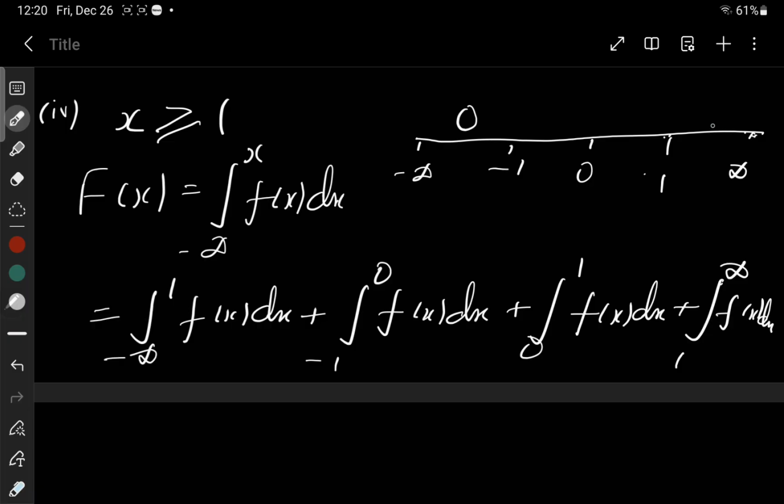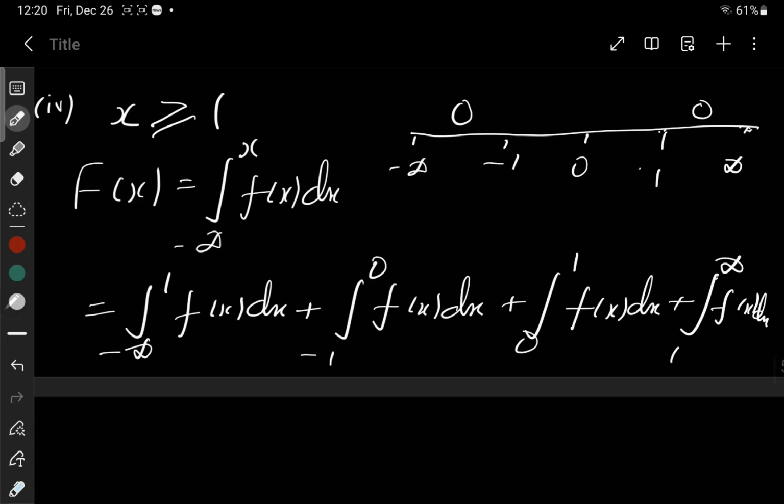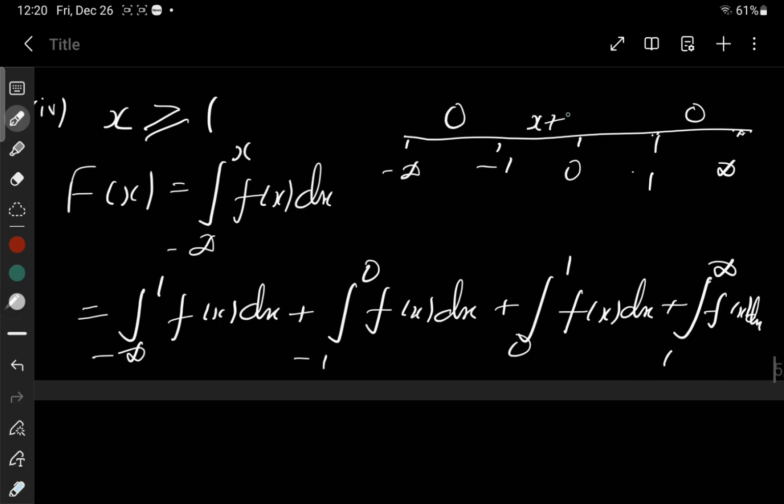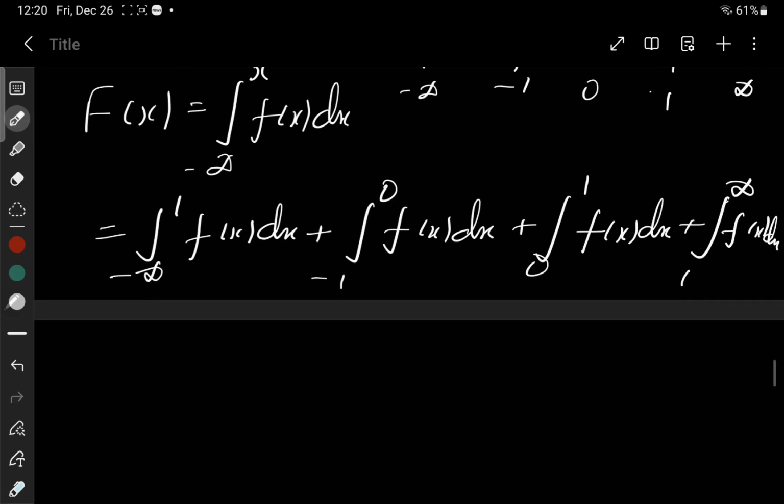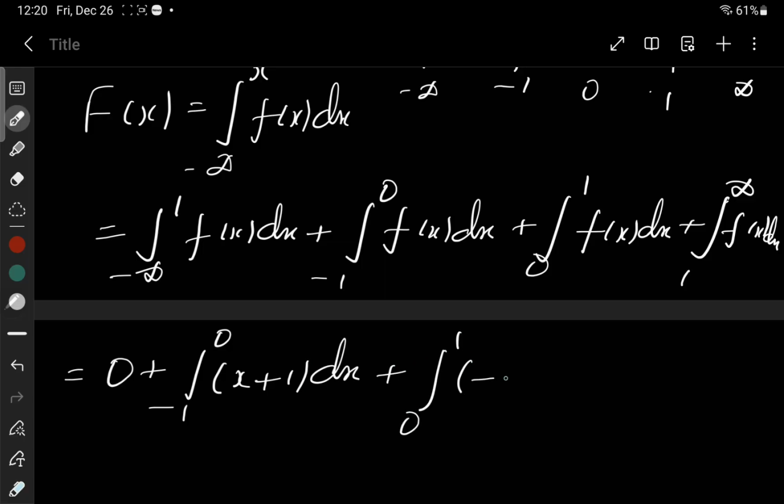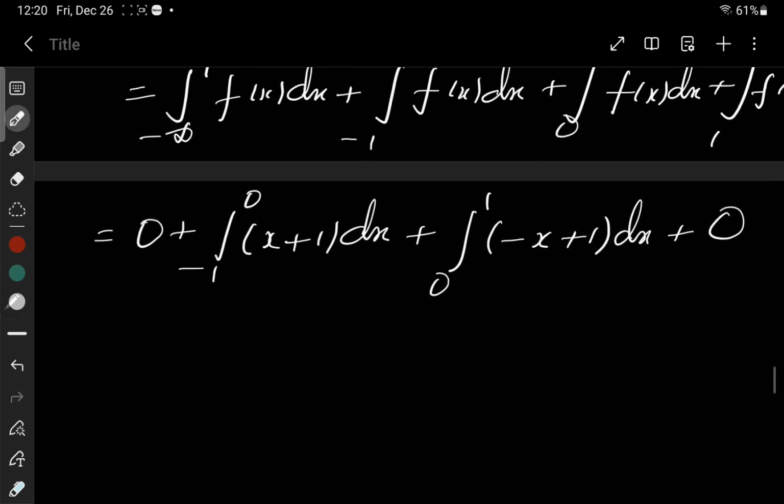Up to this you will get 0 for these two functions. In this interval we will get x plus 1, and minus x plus 1 for this. So let me write here: 0 plus integral from minus 1 to 0 of x plus 1 dx, plus integral from 0 to 1 of minus x plus 1 dx, plus for this function you are getting 0.